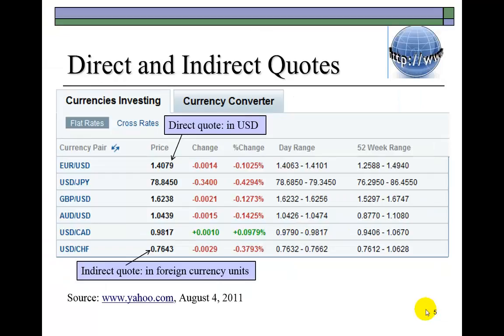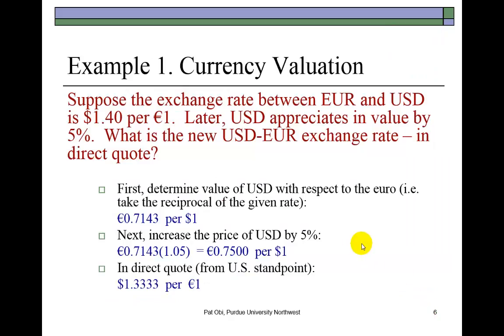Going back to the presentation, here are a couple of examples of international transactions. It says suppose the exchange rate between the euro and the dollar is $1.40 per euro. Later the dollar appreciates in value by 5%. What then is the new exchange rate?